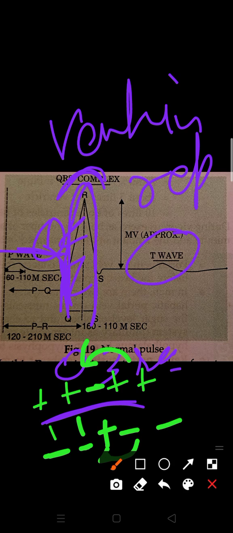Repolarization means the relaxation position. The T wave is the end of one cardiac cycle. We understand one cardiac cycle through these waves, and then the ECG is formed of both depolarization and repolarization waves.